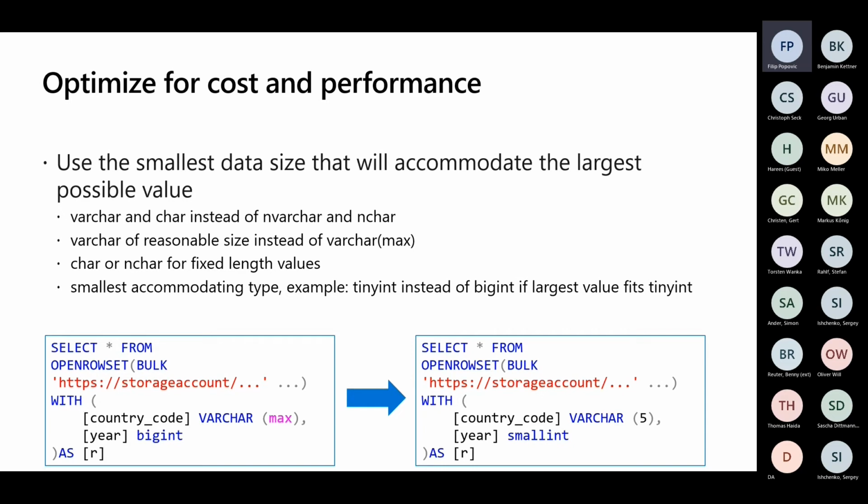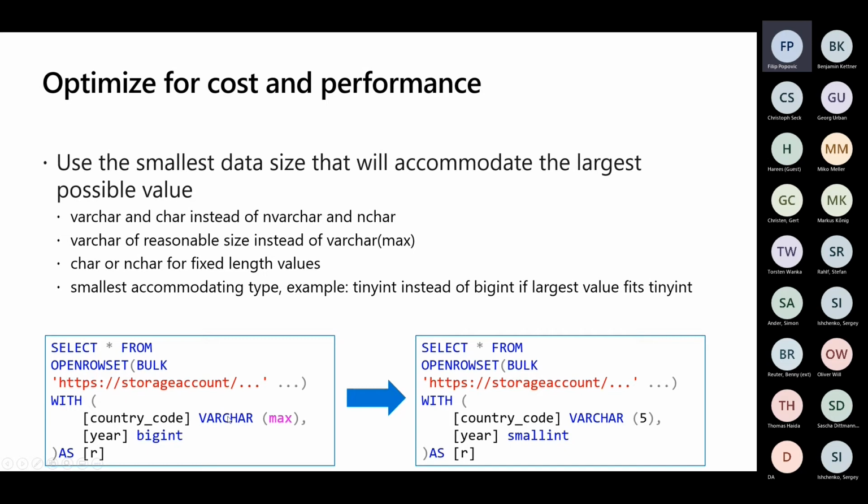So the previous state, before a month or so ago, was that you really had to take care of how big your character columns are. It will work with varchar max. Even with schema inference, the service will assume that if a column is of character type and you don't specify the type, it's a large one, varchar 8000, but it hinders performance.